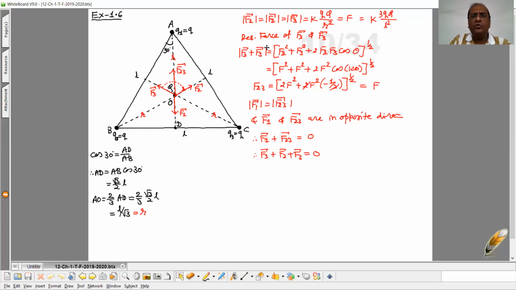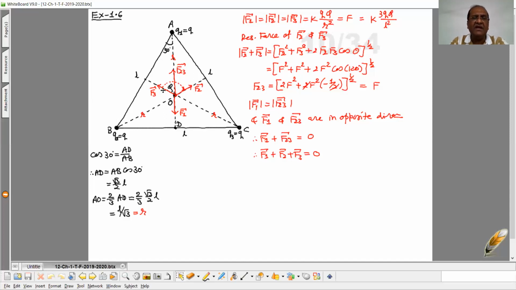Now the resultant force of F2 and F3. Magnitude-wise, we can say the magnitude of F2 plus F3 is under root F2 square plus F3 square plus 2 F2 F3 cos theta. But F2 and F3 both are equal to F. So we can write F square plus F square plus 2F into F, that is F square cos theta.